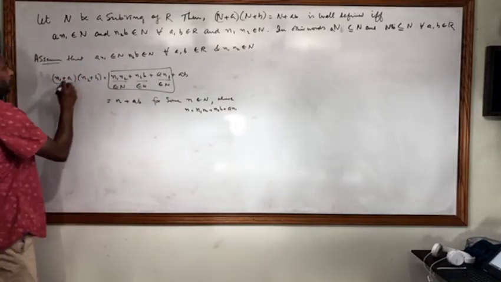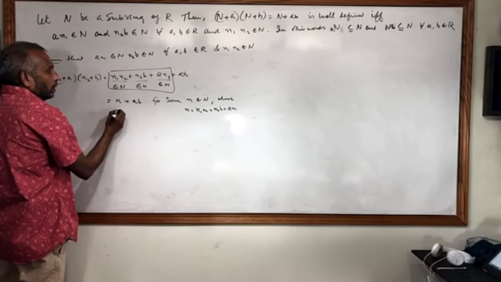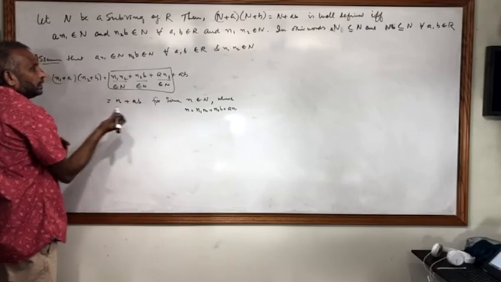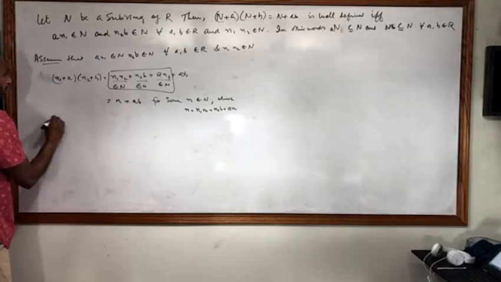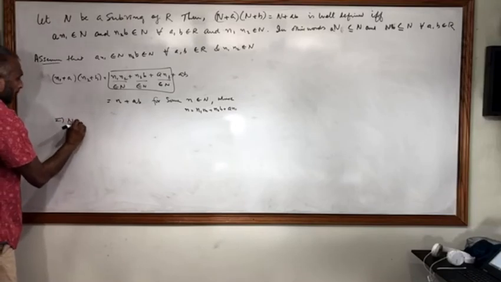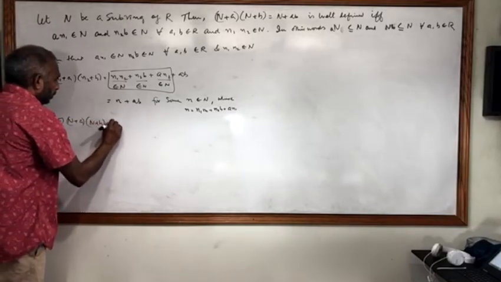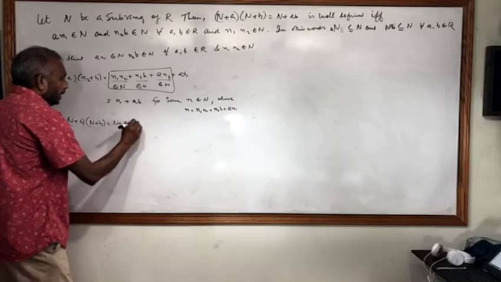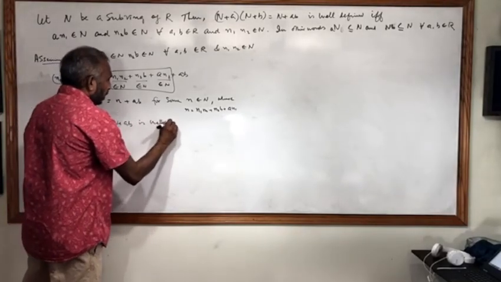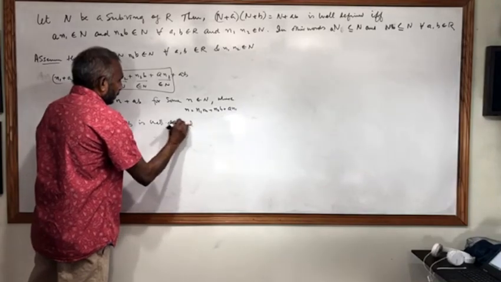So if this is true, the multiplication is well defined. That implies N plus A times N plus B is equal to N plus AB is well defined.